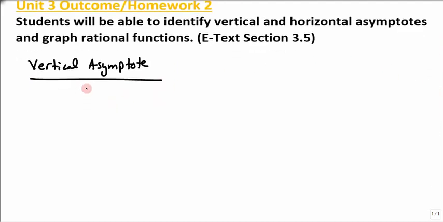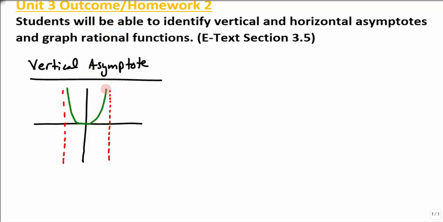So, vertical asymptote. A vertical asymptote is basically where a fraction is undefined. Those are those restriction values that we were finding during the last section. So a vertical asymptote might be this dotted line where the graph never crosses. So the overall graph might look something like this.